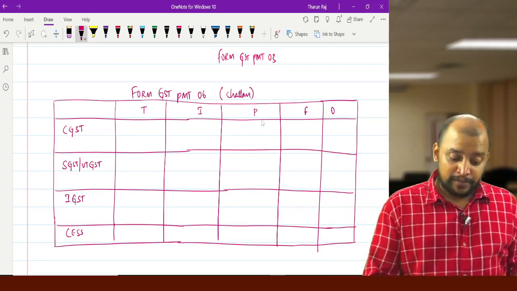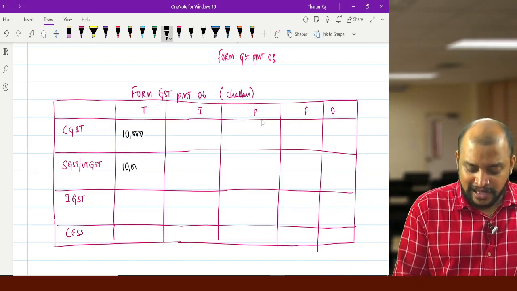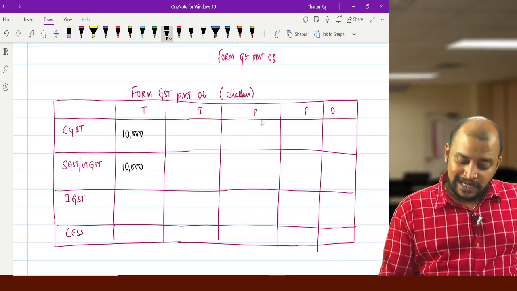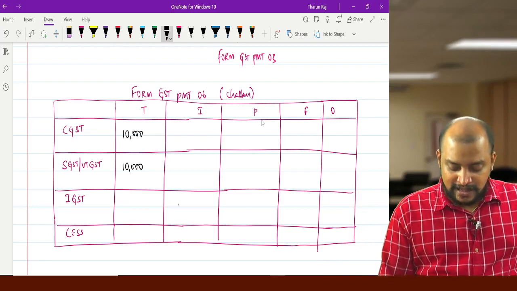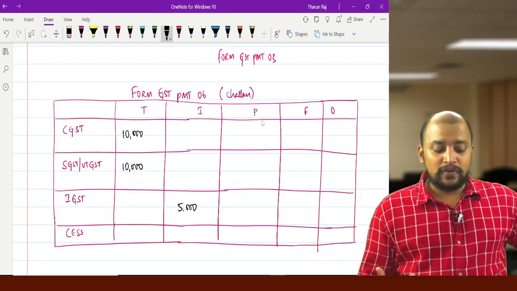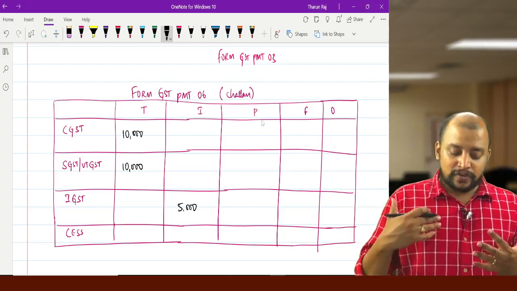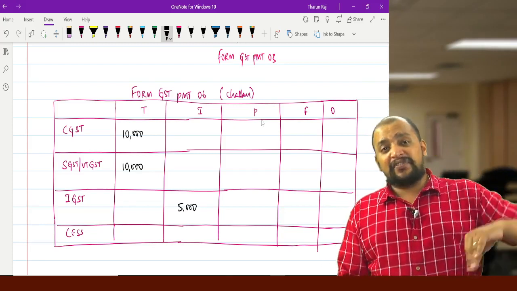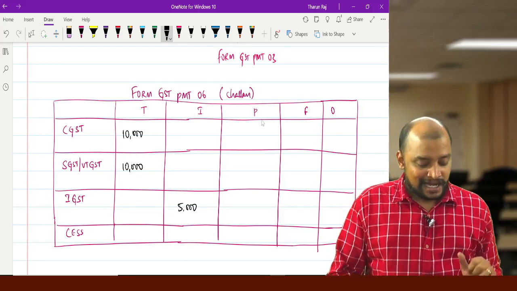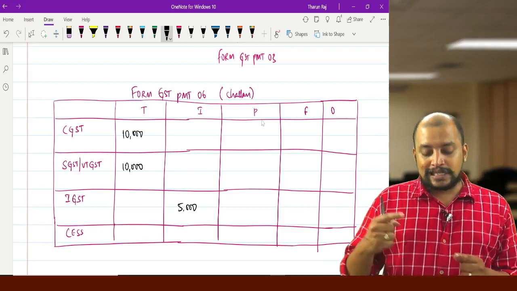Say for example, we deposited 10,000 in CGST and 10,000 in SGST towards tax, and in IGST towards interest we deposited some 5,000. So we filed the challan, and therefore this 25,000 we paid. Thereafter what happened is that this 10,000 should go to IGST tax, and this 5,000 is actually penalty under CGST, SGST.